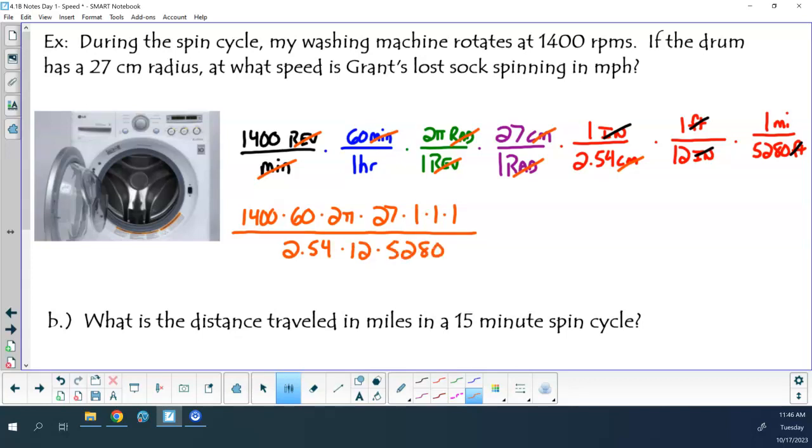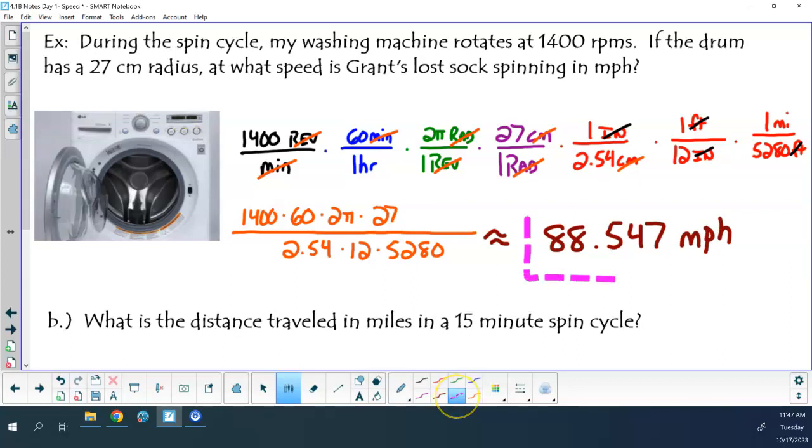I like all those ones there because we just don't have those. There we go. Okay. So that gives me approximately 88.547 miles per hour. So that sock is moving.